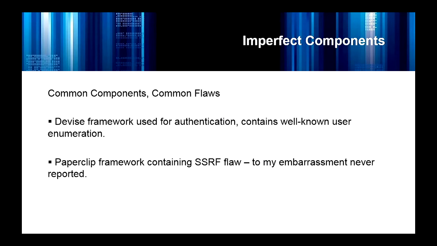So as an example, the Devise framework, which everyone writing Rails apps uses if they want to have a basic login prompt, username, password, and so on, it just handles all of that for you really nicely. That framework contains user enumeration flaws. It's easy to identify whether or not users exist and who your users are in the application. As a result, that might be entirely unsuitable for some use cases.